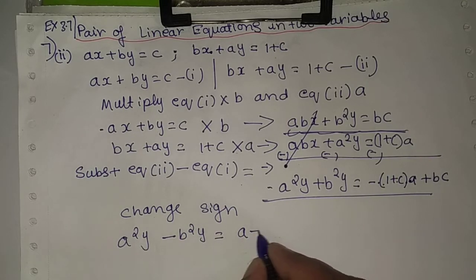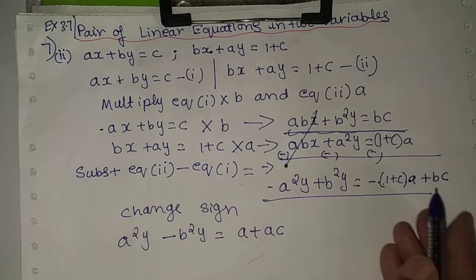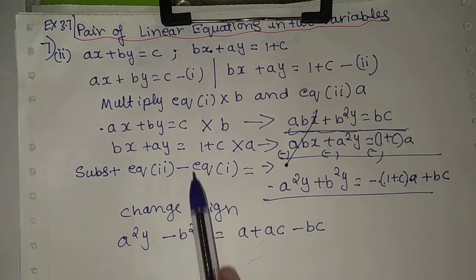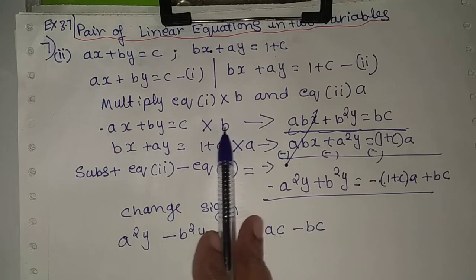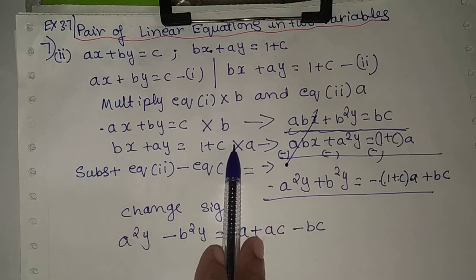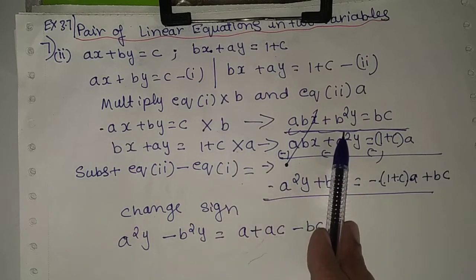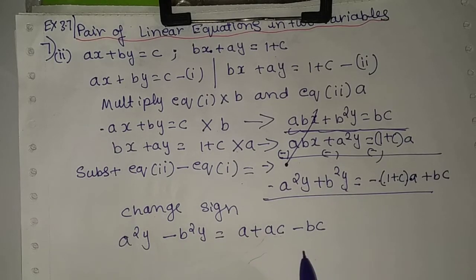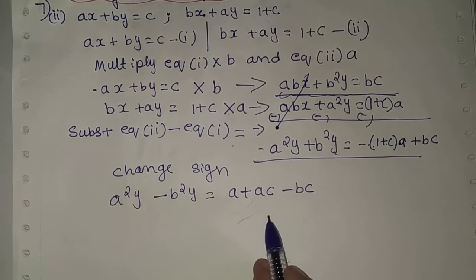So a + ac, then this one becomes minus bc. This is the equation we got. After multiplying equation 1 with b and equation 2 with a, then subtracting equation 2 minus 1, we get this, then change the sign and keep in the proper form, we get this equation.